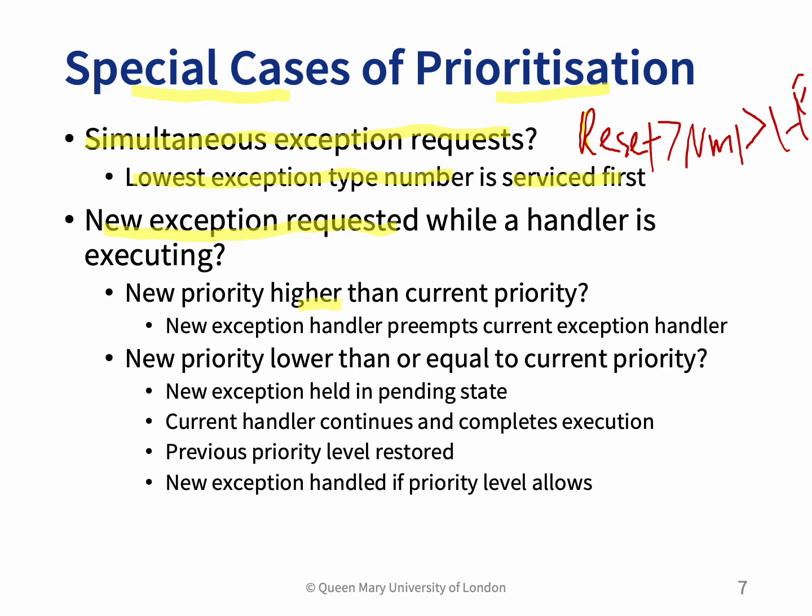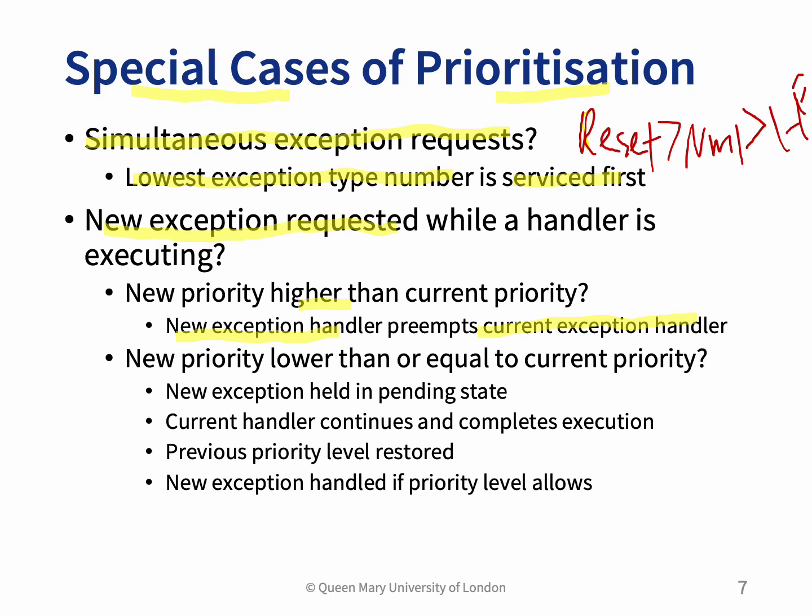Therefore, the new exception handler will preempt the current exception handler. So it will finish the current instruction as soon as possible, then jump to the task with the higher priority. The one with the lower priority will be stopped from execution. Then with the exception return, everything else stays the same before it comes out from the inner loop and goes back to the lower priority to continue the task.